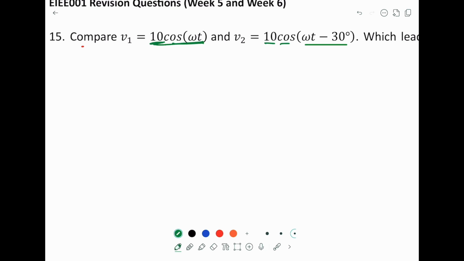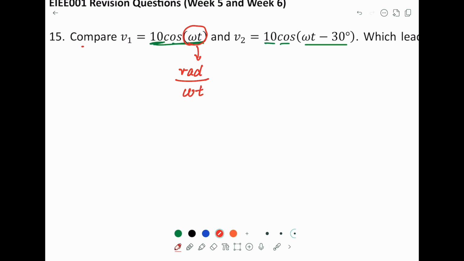When you write V1 equals 10 cosine omega t, as we discussed before, omega t is a number. It is an angle measured in radians. And this has to be this, because this is how the angle changes with respect to time. So it must be omega t, and this has to be in radians.